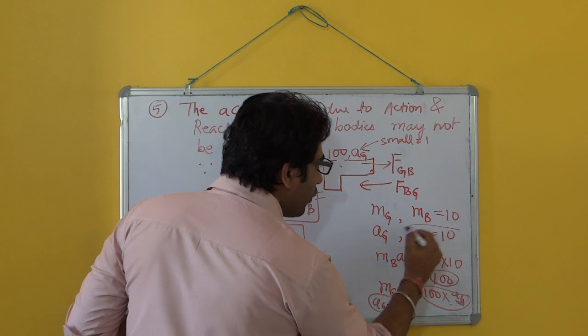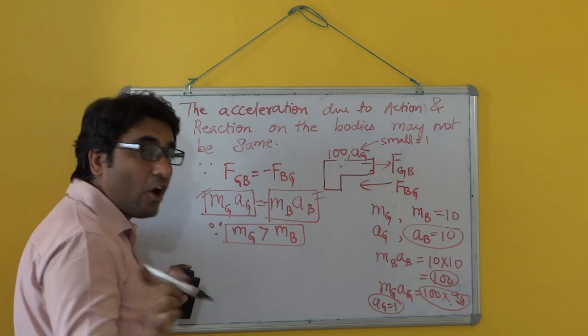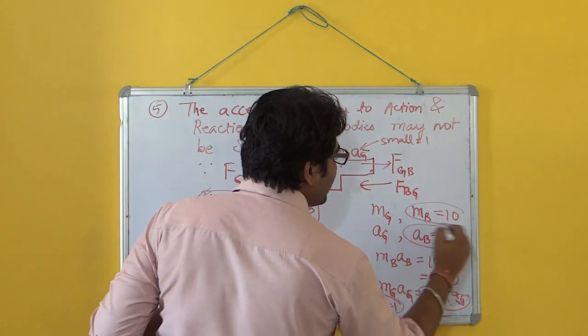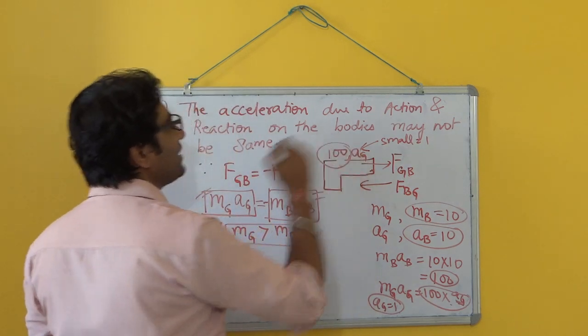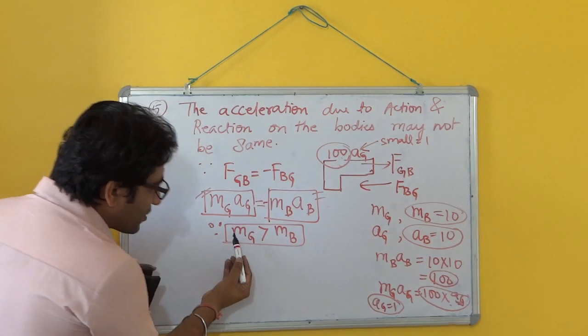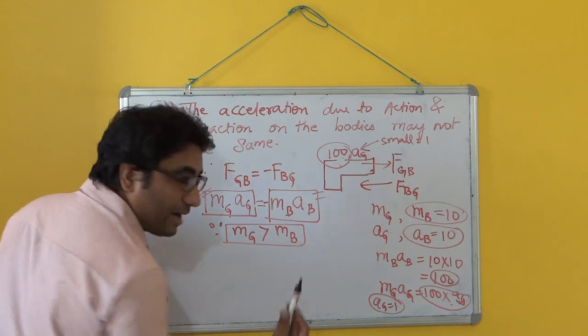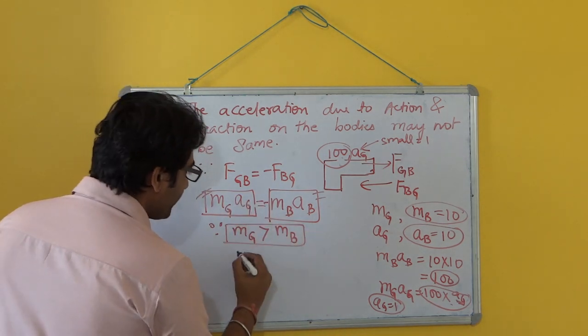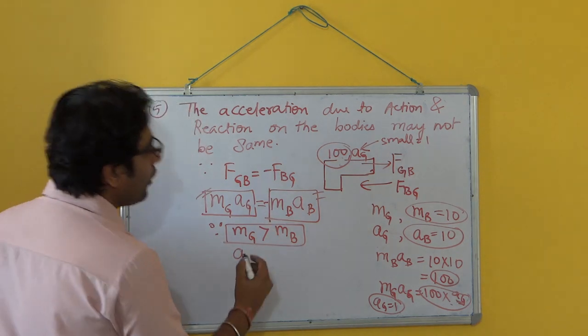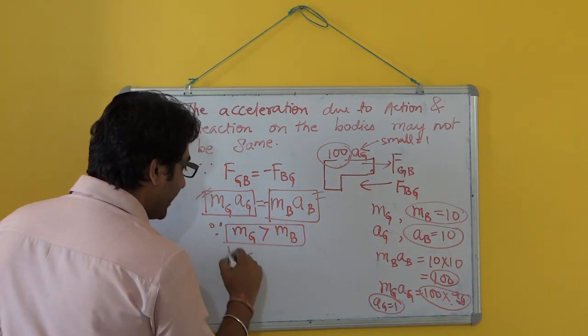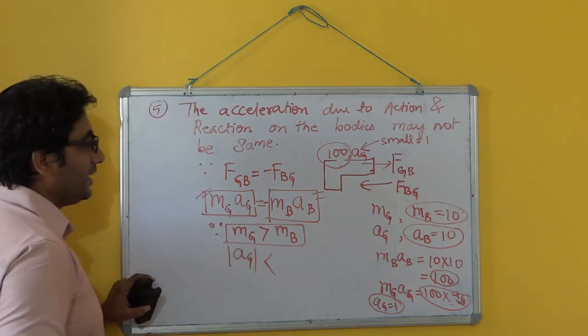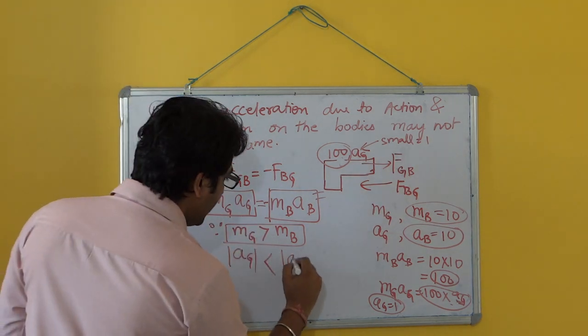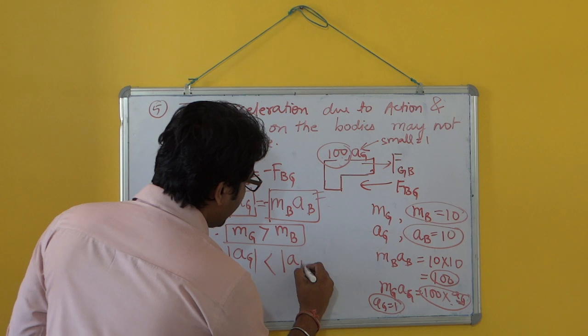And the acceleration of the bullet is higher because the mass of the bullet is less and the mass of the gun is higher. Because the mass of the gun is more as compared to the mass of the bullet, in order to balance the equation, the acceleration of the gun in magnitude will be less as compared to the acceleration of the bullet.